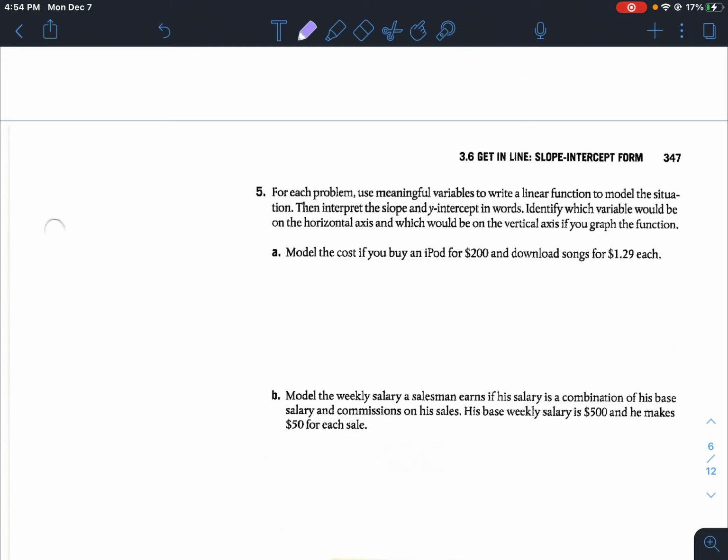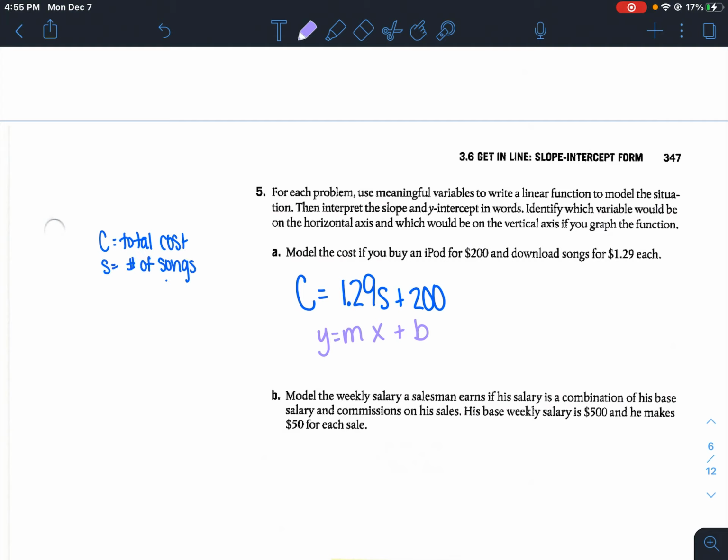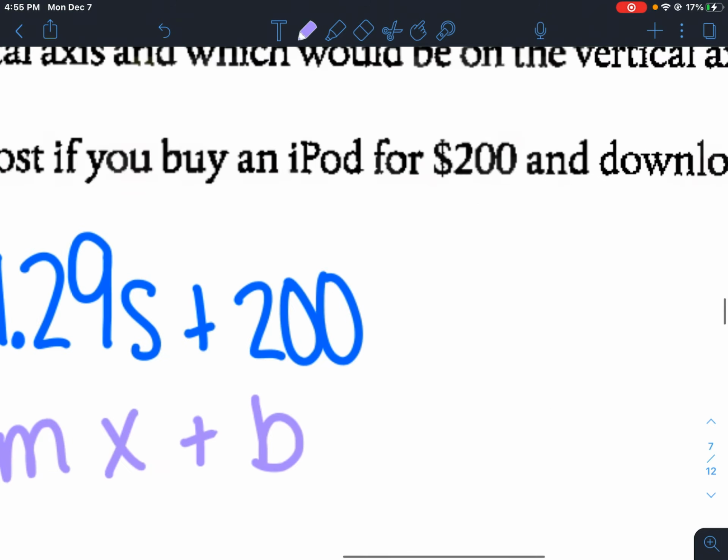All right, model the cost if you buy an iPod for $200 and download songs for $1.29 each. Okay, so I wrote C equals $1.29 S plus 200. Remember, I'm going to be using my meaningful variables. So C equals the total cost that I'm spending, and S equals the number of songs that I'm downloading.